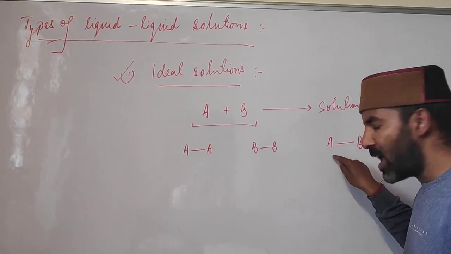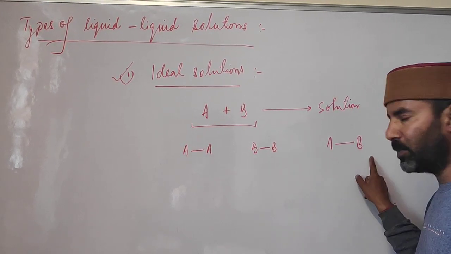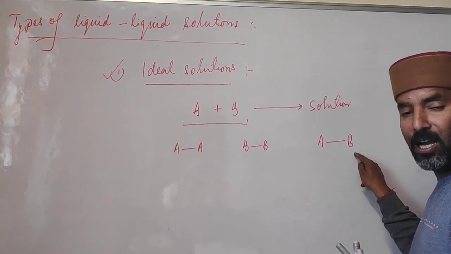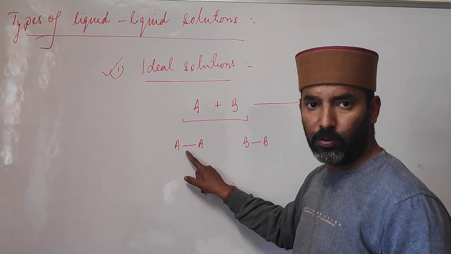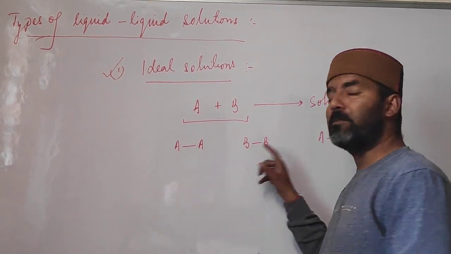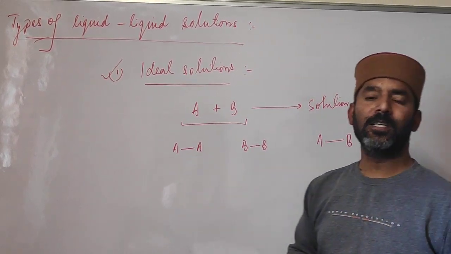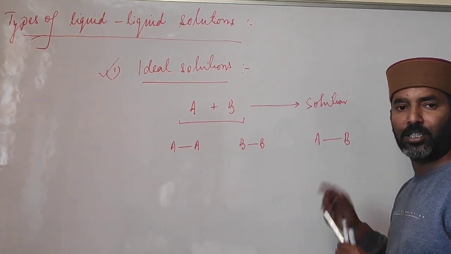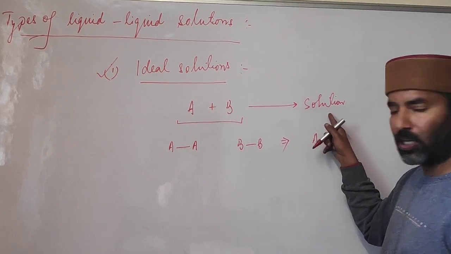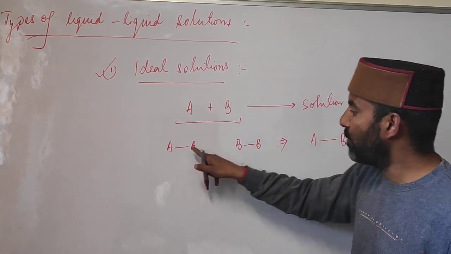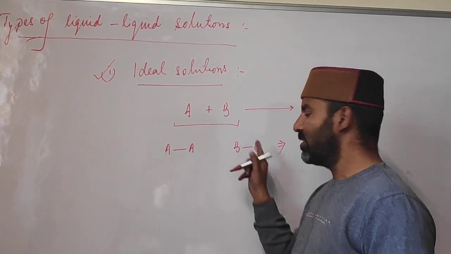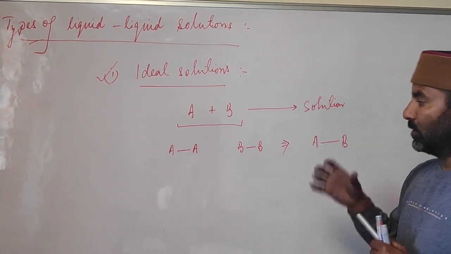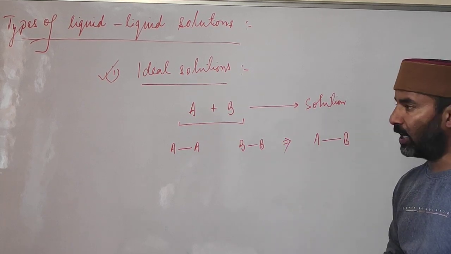If these AB interactions, that means if the strength of intermolecular forces between molecules of A and B are of same magnitude as AA and BB, we say solution is ideal. So students, in ideal solution, these AB interactions in the solution are of same magnitude as AA and BB interactions in pure liquids. So this is students an ideal solution.